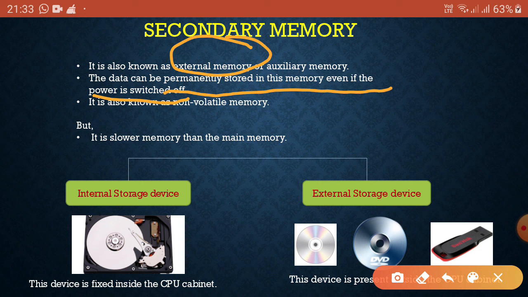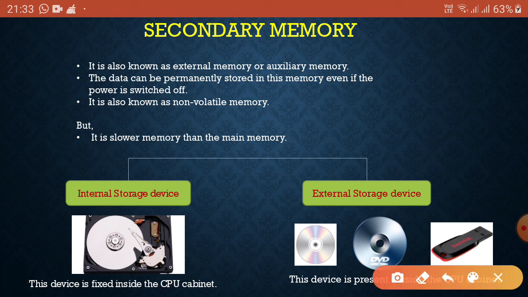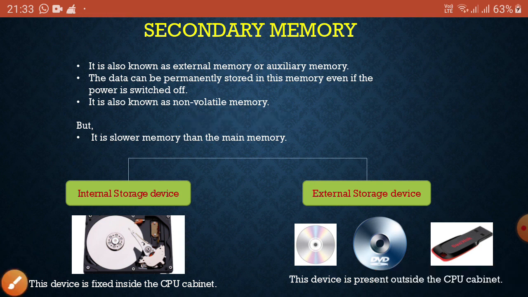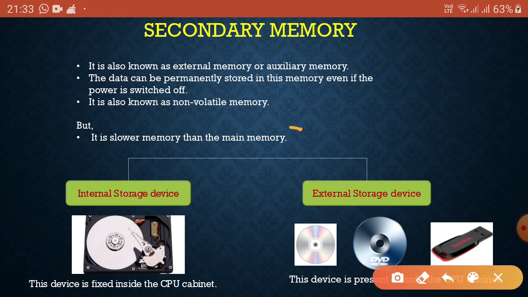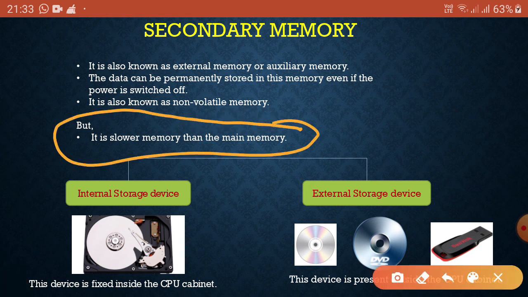So the data or information stored inside the secondary memory is permanently stored if you are not deleting it. So it is called non-volatile memory. But one disadvantage is there. We know the speed of primary memory is higher than the secondary memory. So the speed of this memory is slower than the main memory.